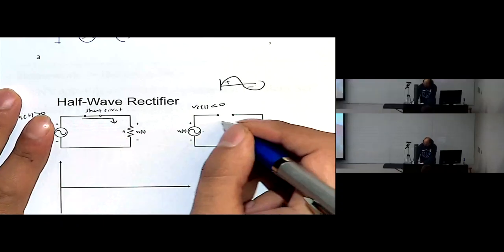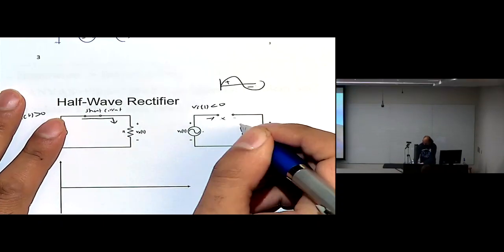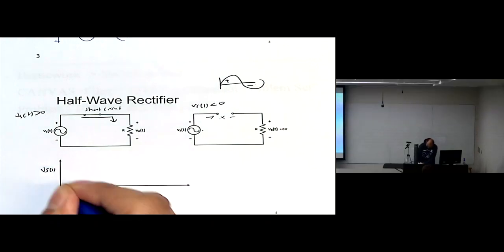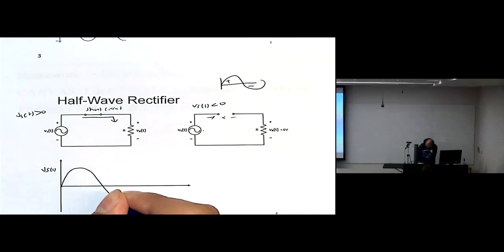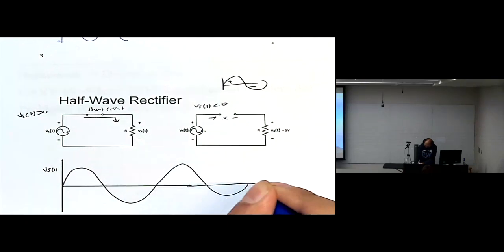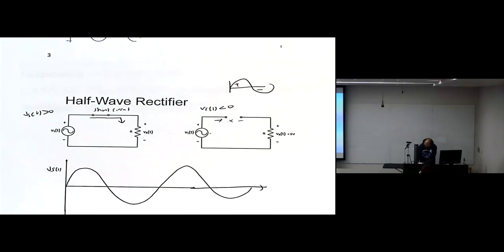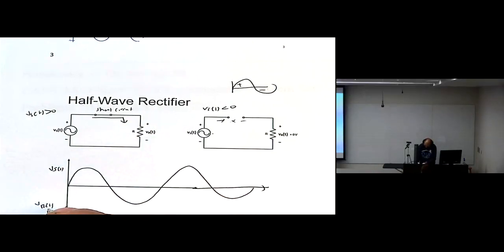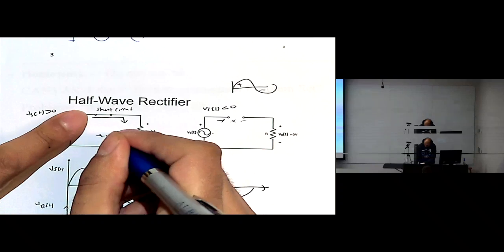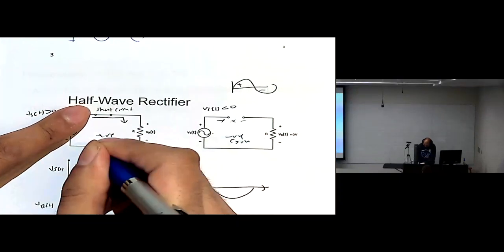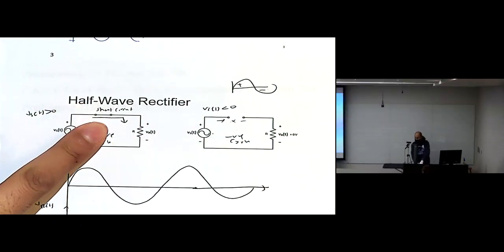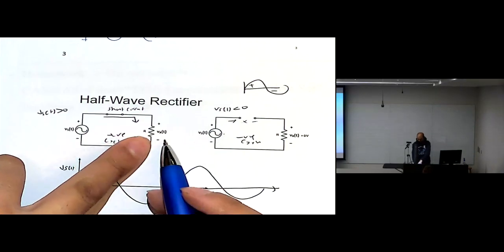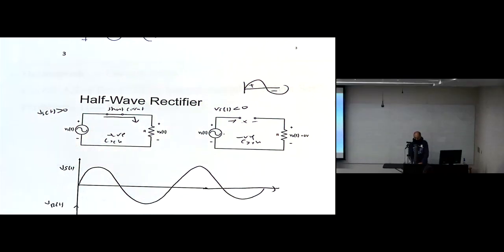If there is an open circuit, the current will not flow. Is that right? So if this is Vs of t, and I want to plot the voltage at this resistor, Vr of t, remember, this one is for the positive cycle, this one for the negative cycle. So for the positive cycle, the current is flowing. Is that right? And what's the voltage Vr of t? What's the value for this circuit?